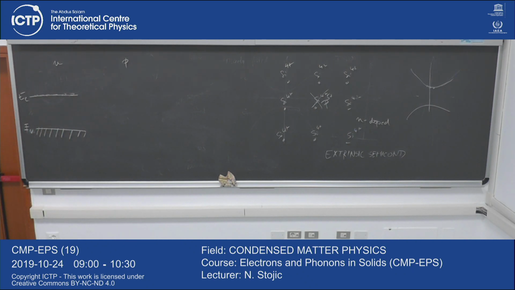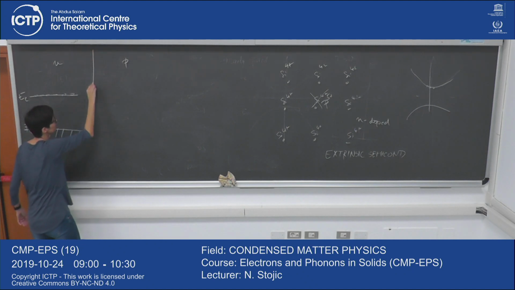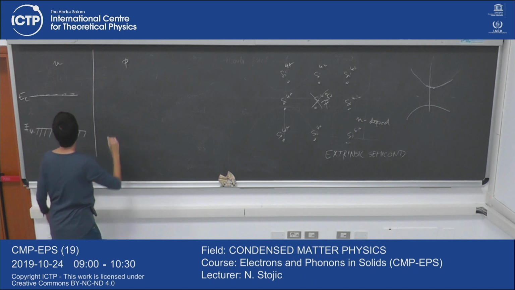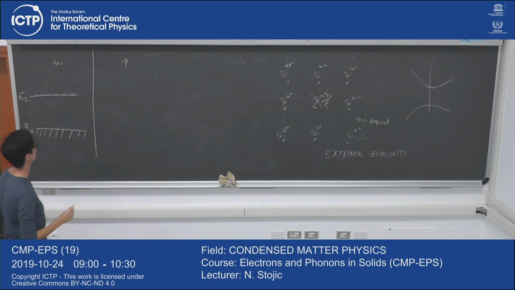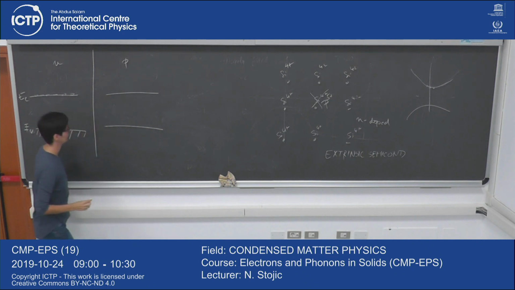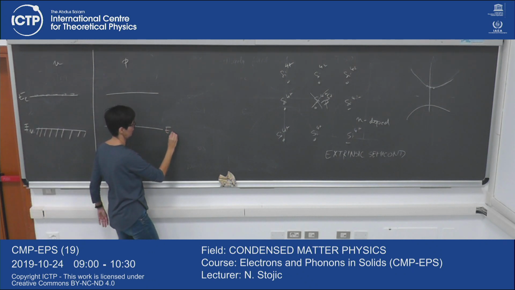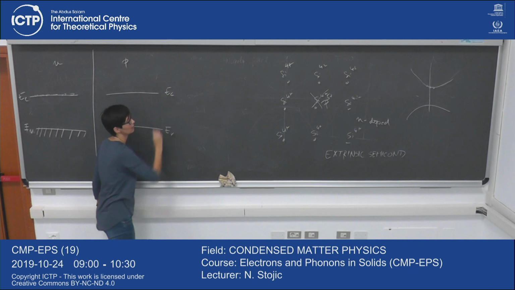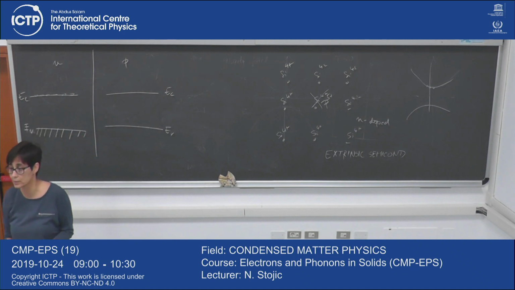Not many. Then there is an interface, and you have a P doped system. This is the valence band, this is the conduction band. This means it has holes.